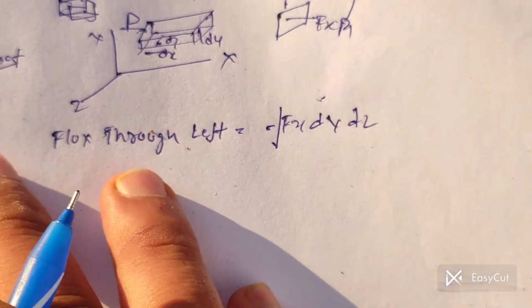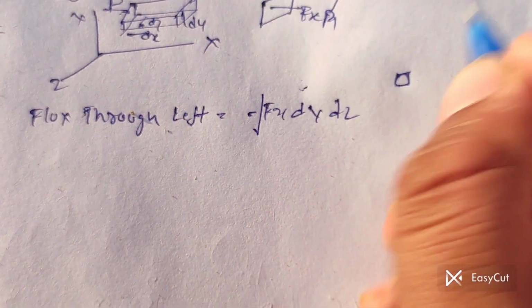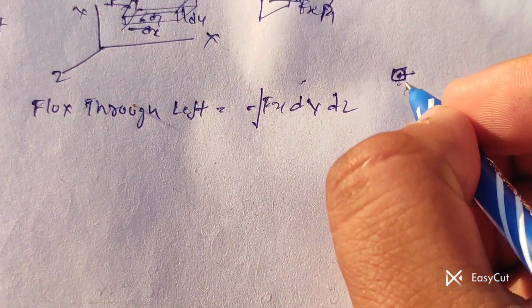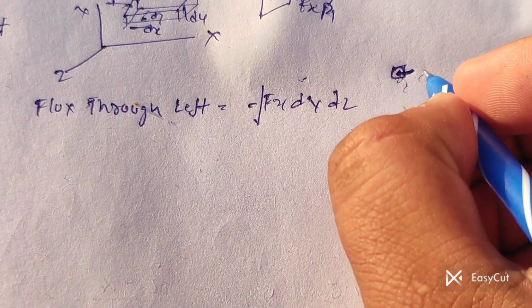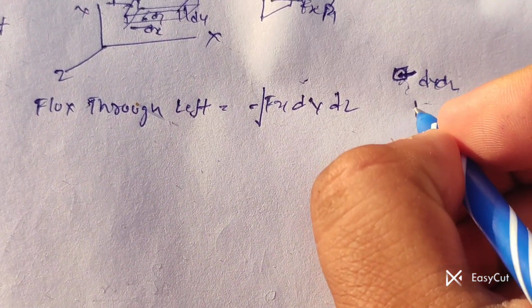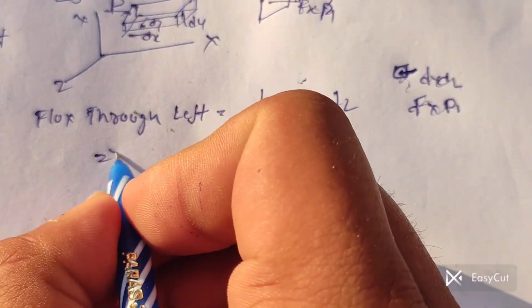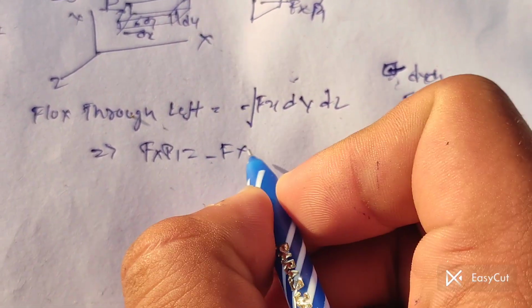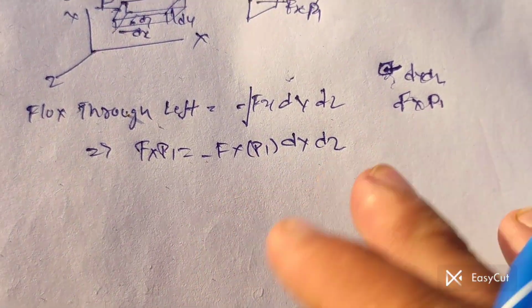Since this is an infinitesimally small cube, the linear integration of dx is the same as its area, dy and dz. So the flux becomes Fx at point P1 times dy dz.